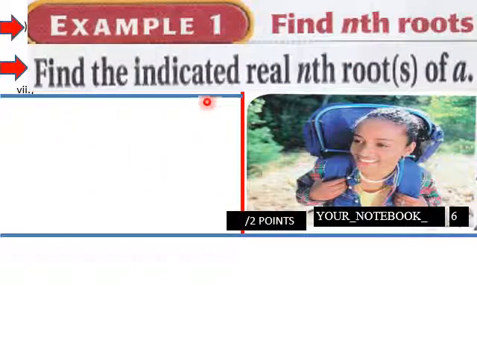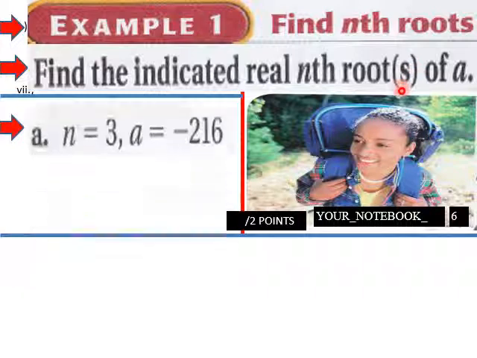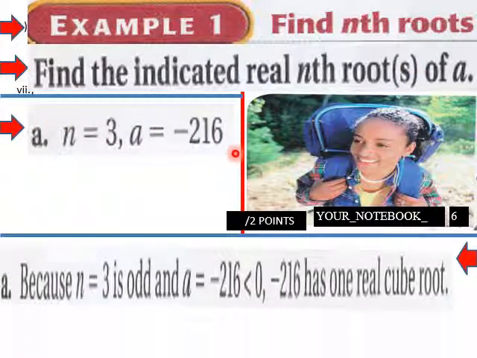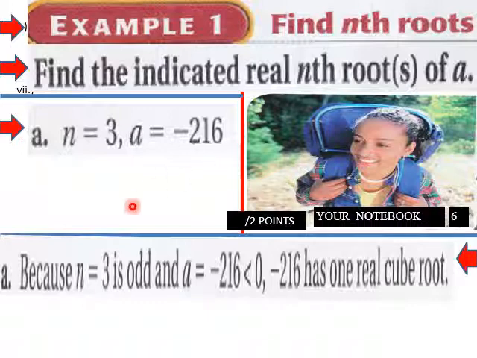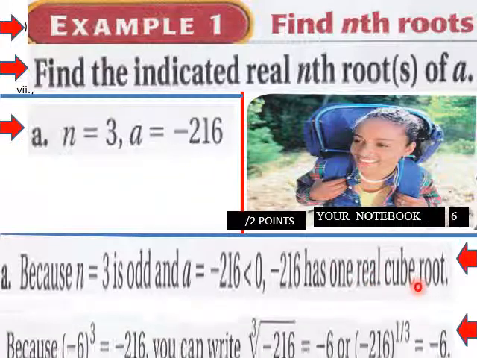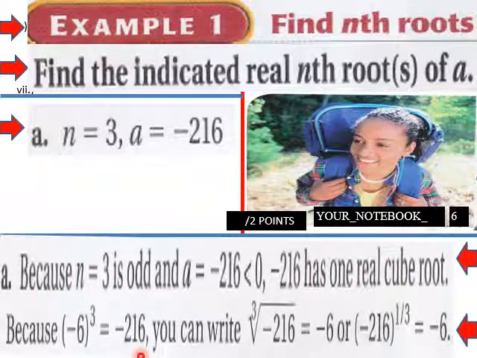Finding nth roots: find the indicated nth roots of a. Here n equals 3 and a equals negative 216. Because n equals 3 is odd and a equals negative 216, which is less than 0, negative 216 has 1 real cube root, and it is negative 6.